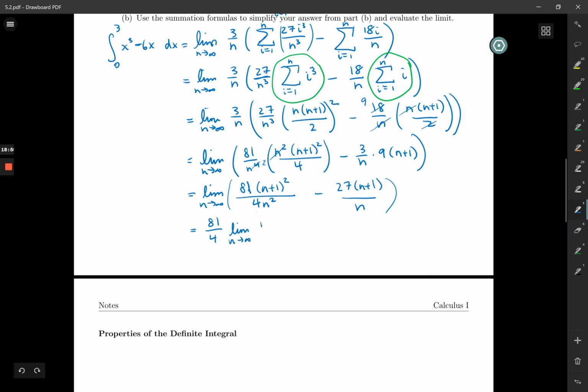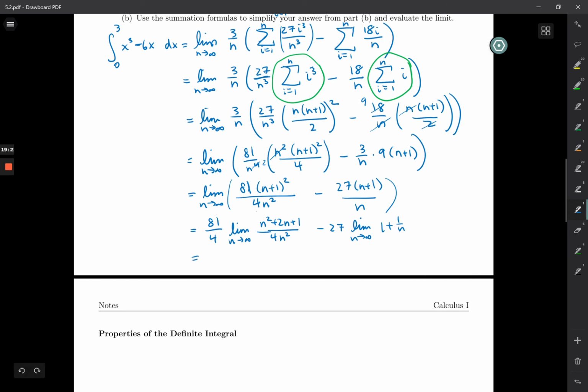So this is n squared plus 2n plus 1 over 4n squared. And then we'll pull out the constant there too. Here, and I can even simplify this n plus 1 over n a little bit more.